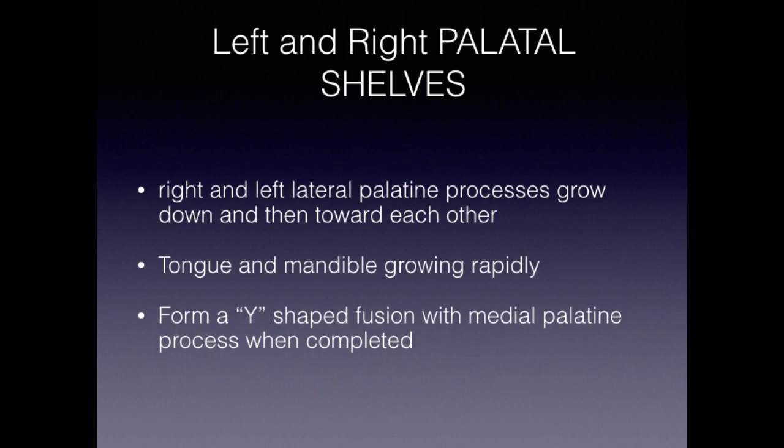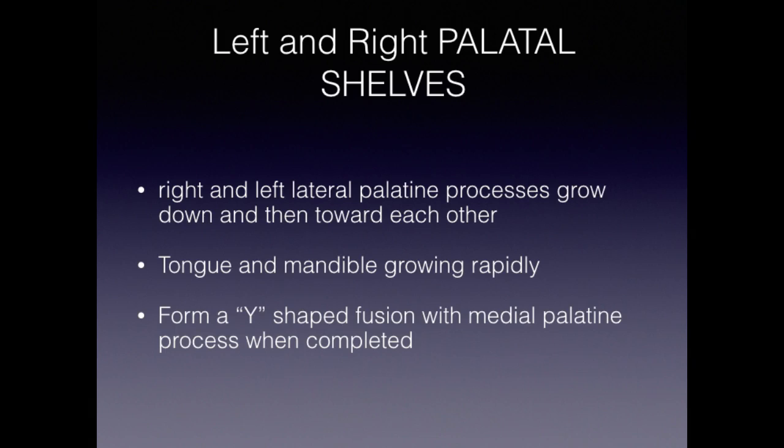So they are forming, and we'll talk about how they form in a little bit. But at this point in time, the tongue is kind of in the way. Now, I'll talk about this process where those palatal shelves were once pointing down, and they'll fuse together in a Y-shaped fusion once they've completed.